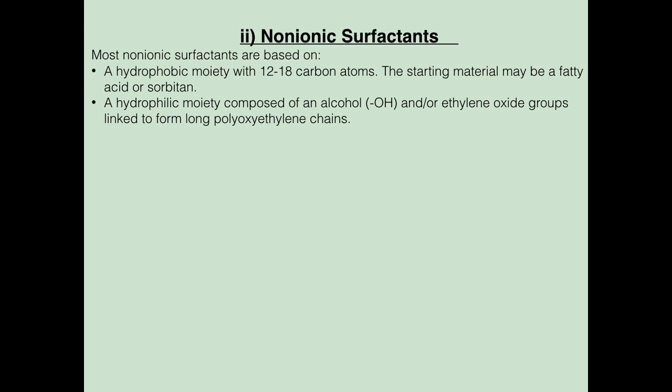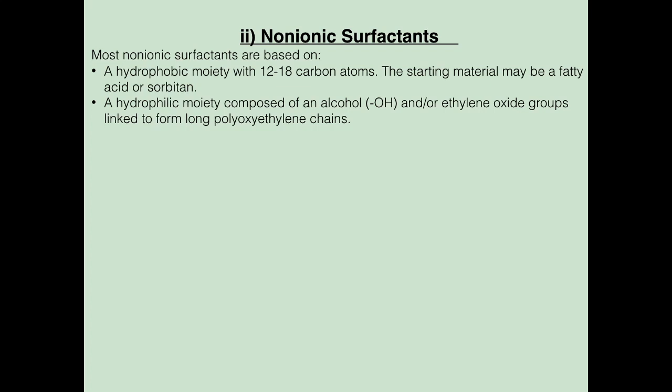Most non-ionic surfactants are based on, number 1, a hydrophobic moiety with 12 to 18 carbon atoms. The starting material may be a fatty acid or sorbitol, and, number 2, a hydrophilic moiety composed of an alcohol or ethylene oxide groups linked to form long polyoxyethylene chains.